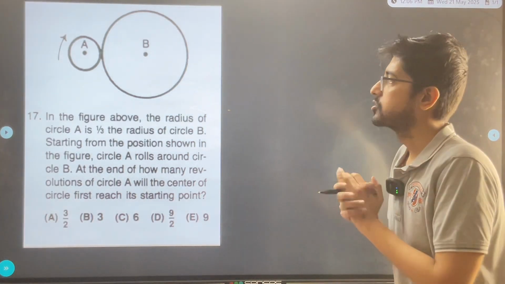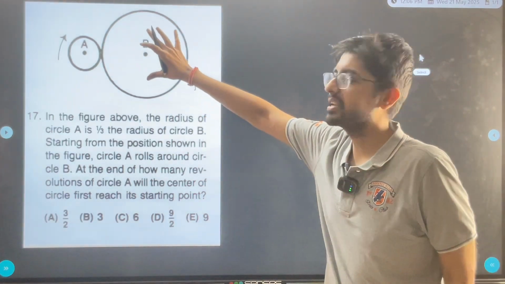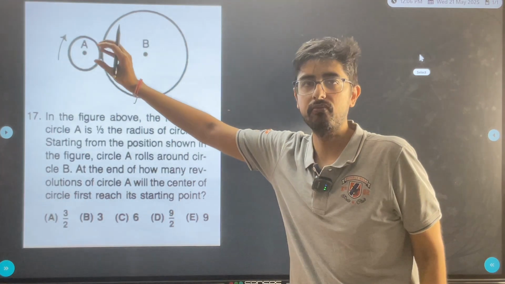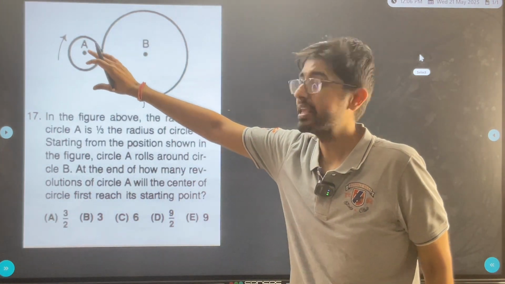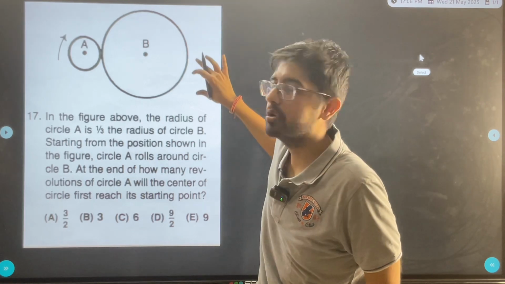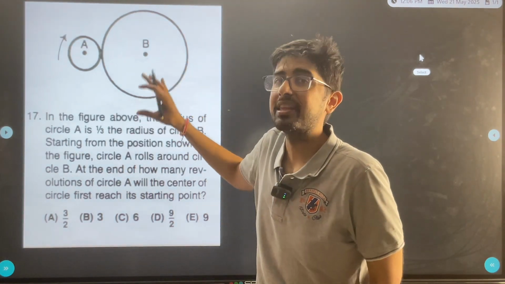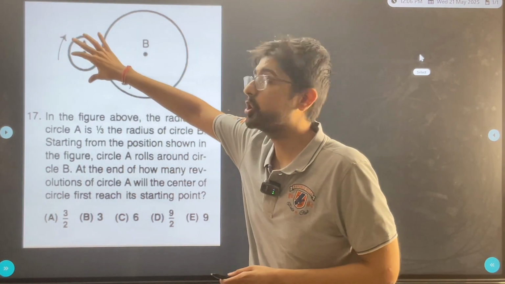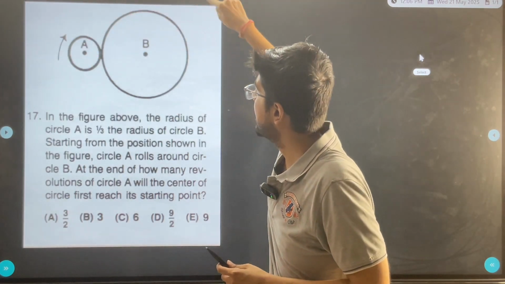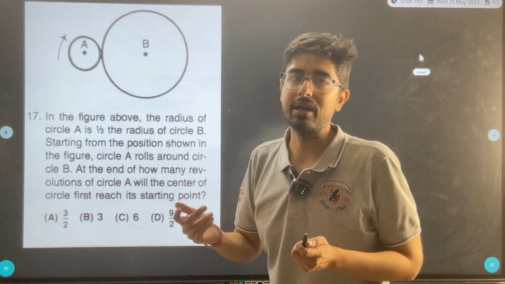Alright, so what is given to us is there is a big wheel B of radius thrice that of small wheel A, and the wheel A is rotating slowly around wheel B. The question is asking how many rotations does wheel A complete as it goes around wheel B once.